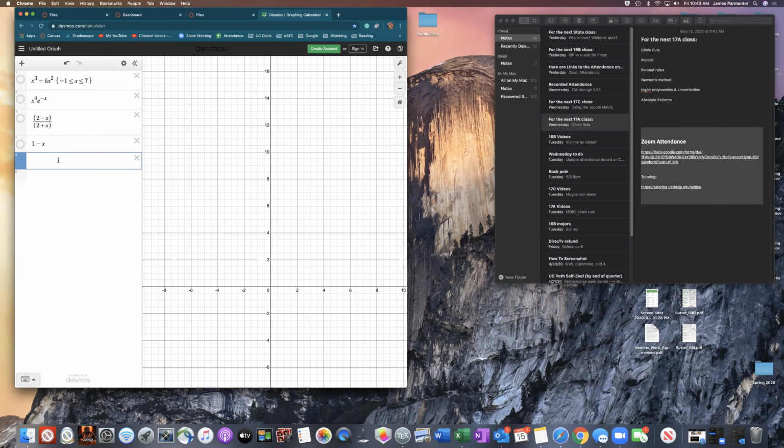So 1 over 1 plus x looks like that. And then I'm just going to increase term by term. My first term is 1.